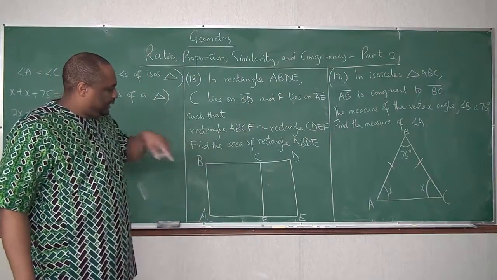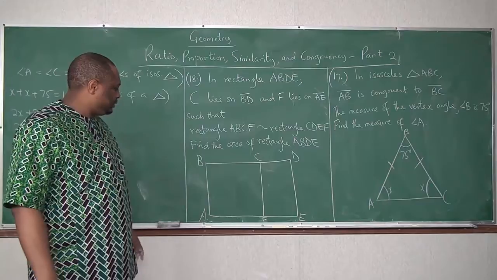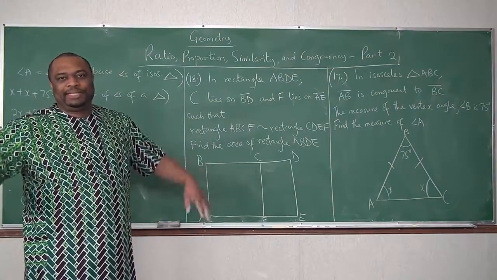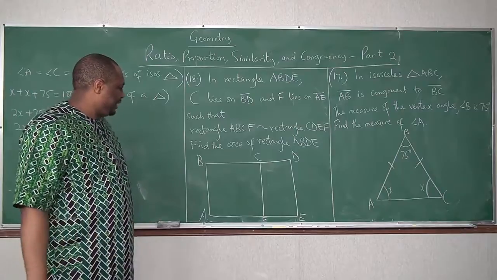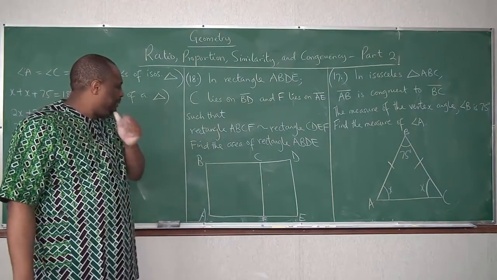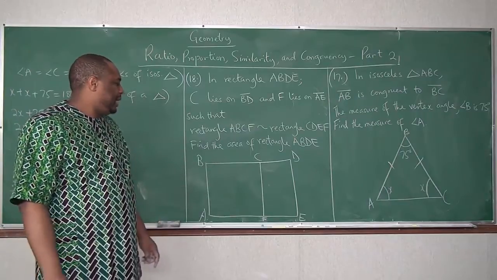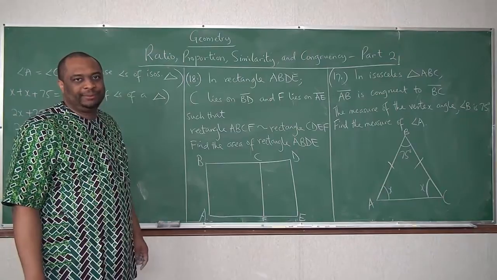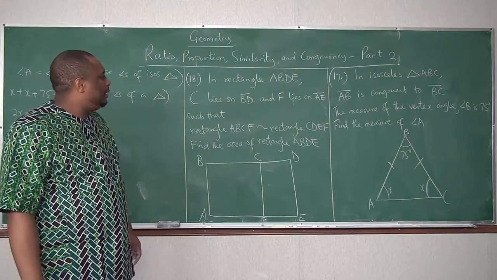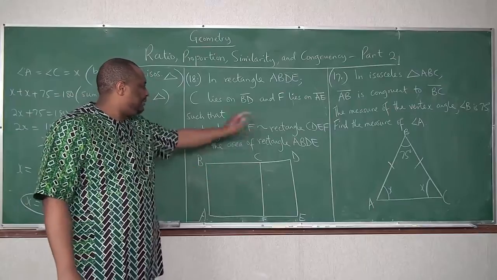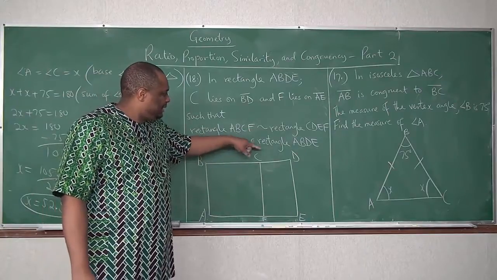A, B, D, E. You have two rectangles here. I mean, if you can say three rectangles, okay? You have three rectangles here: rectangle ABDE, rectangle ABCF, and rectangle FCDE. But they say that rectangle ABCF is similar to rectangle CDEF.